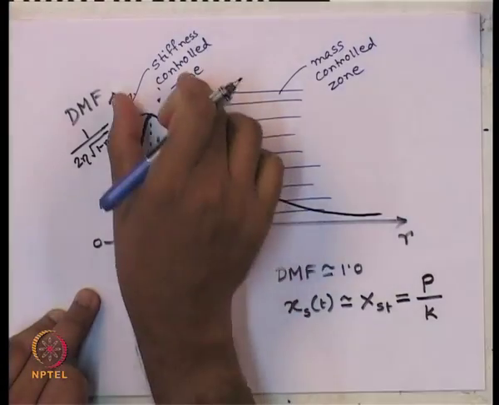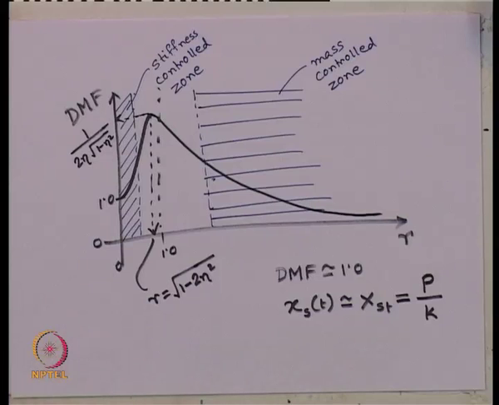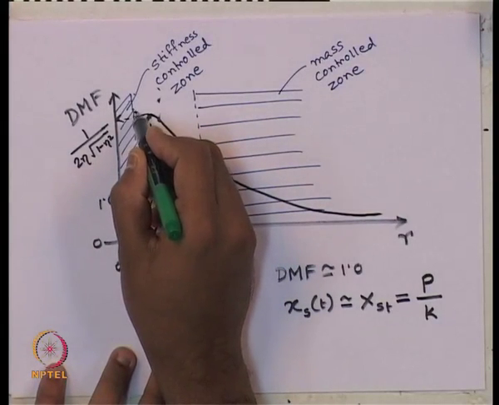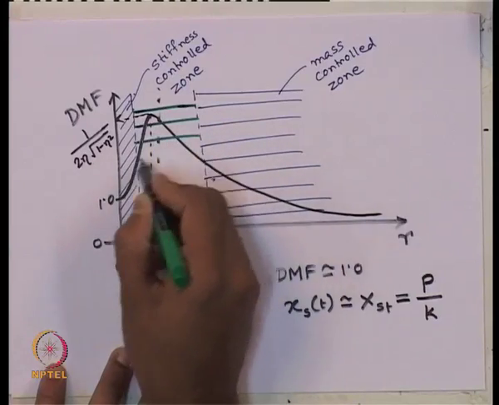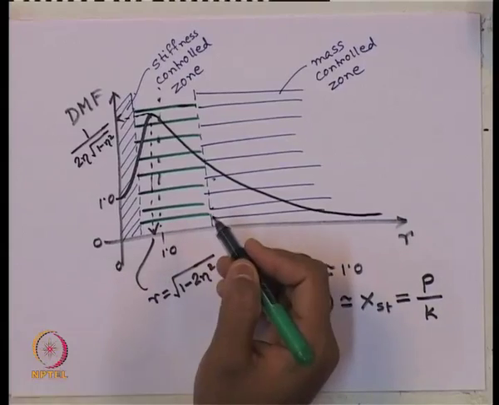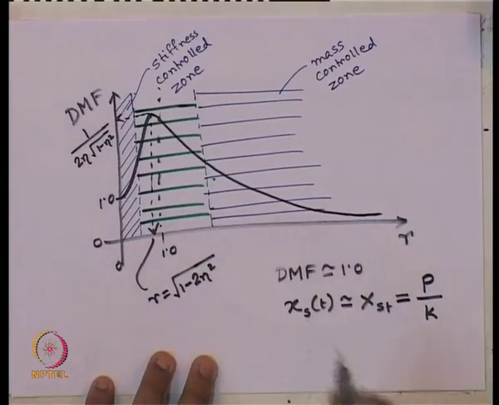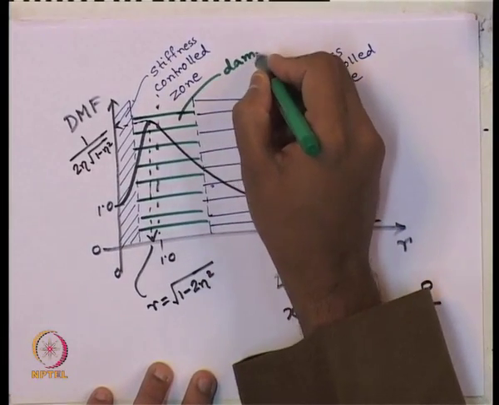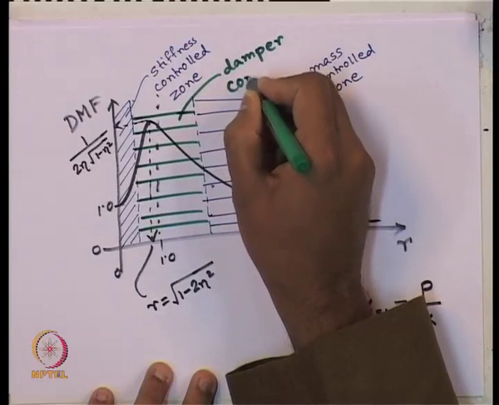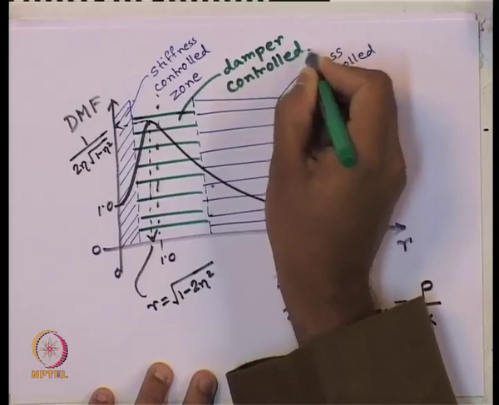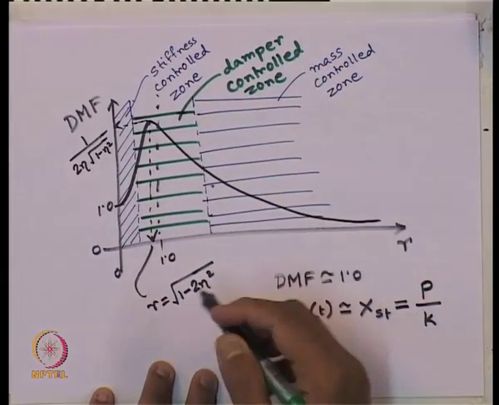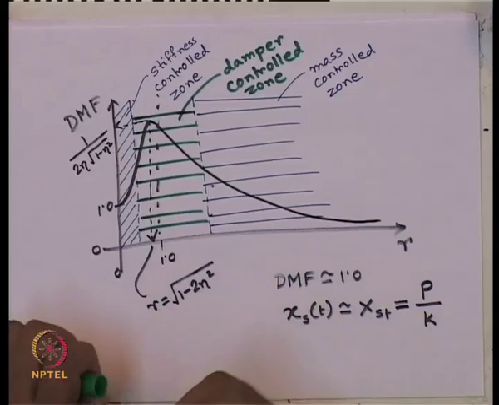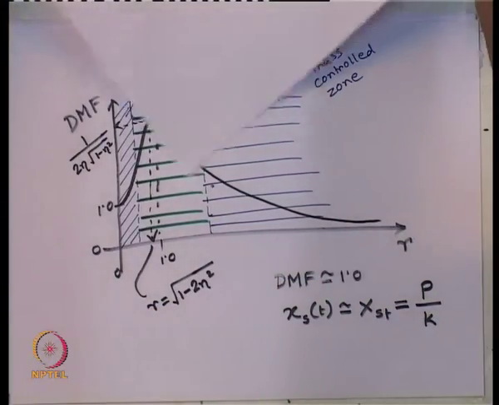And what about this central area? Obviously, the third remaining parameter in the system, what do we have? The damper. So, this central region is known as the damper controlled zone, or damper dominated zone, which is obvious from the previous variation.